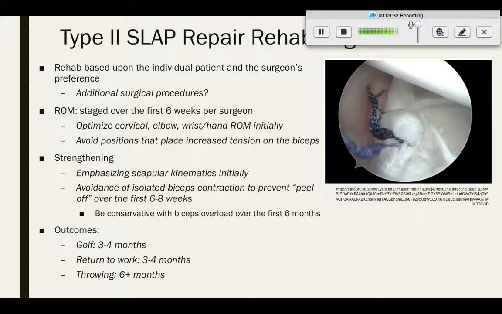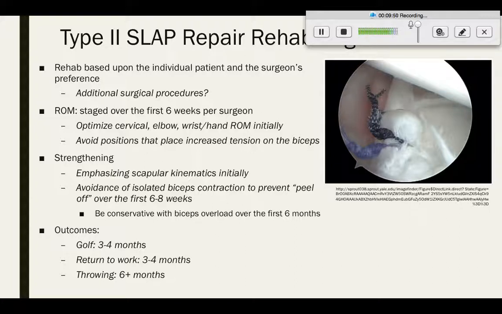So when in doubt, start with passive and clarify. If we're thinking about passive range of motion, usually passive external rotation and abduction are the two that are staged throughout that first 6 weeks or so following surgery.